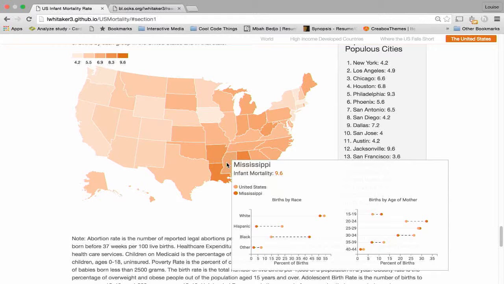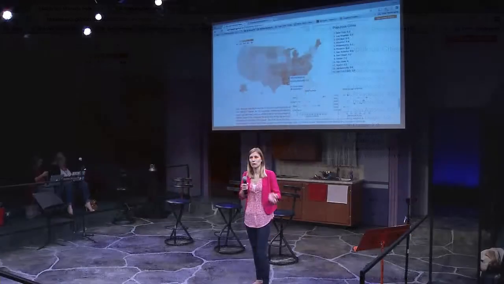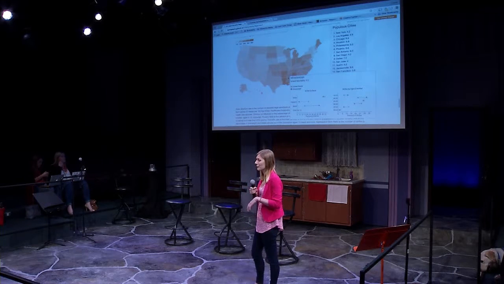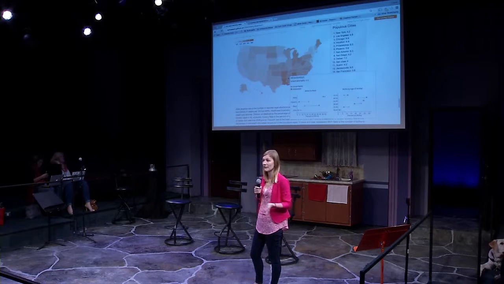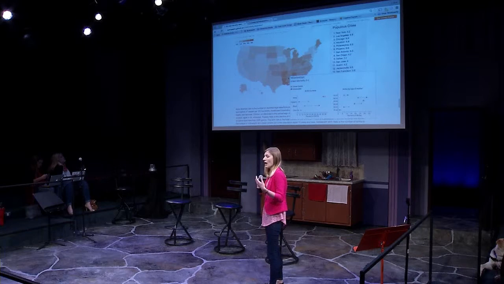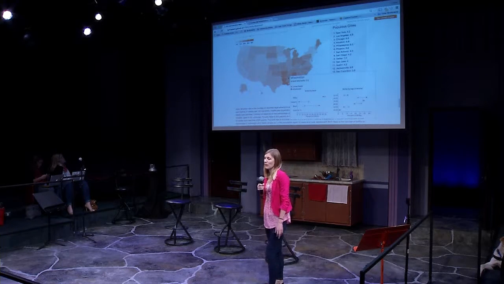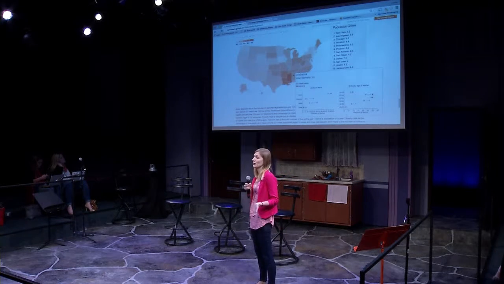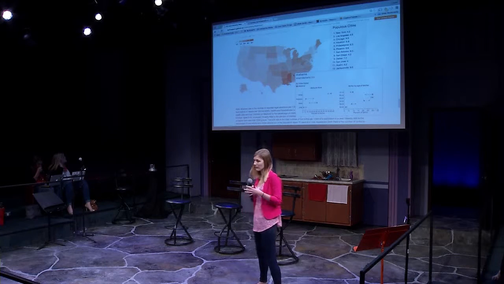And you can see the births by race and births by age of mother. And in Mississippi, there are more babies born to Black women, and there are also more babies born to teen moms in Mississippi. So that could help account for why they have a higher infant mortality rate when we've looked at the fact that babies born to Black women as well as teen moms are more likely to die before their first birthday.